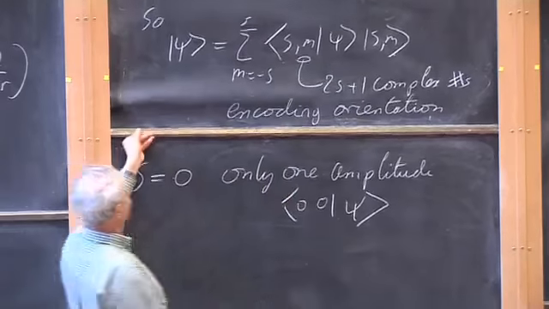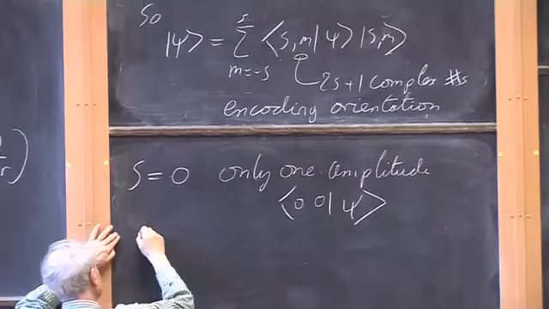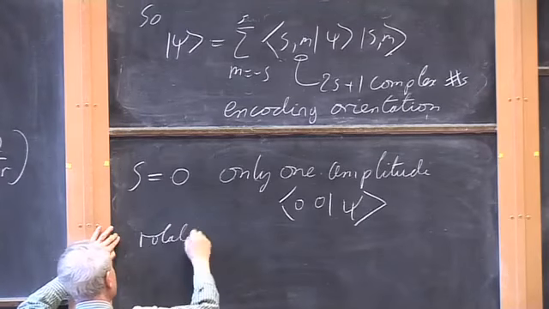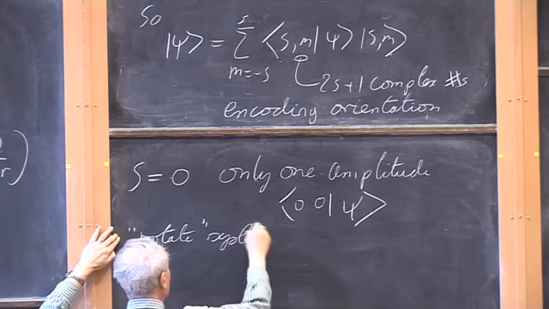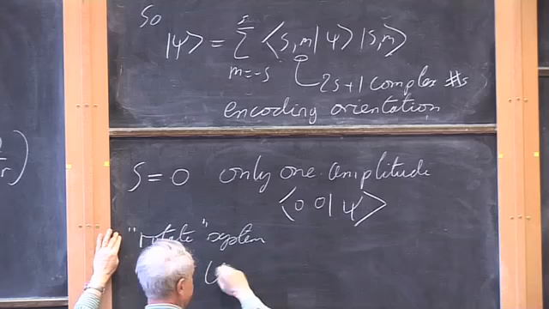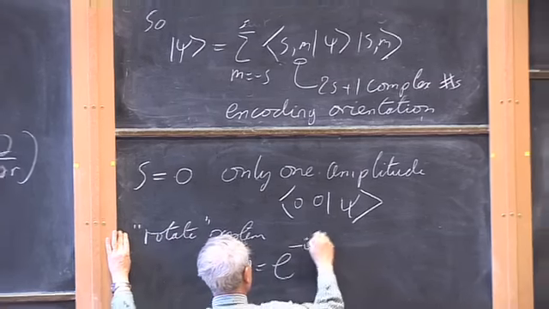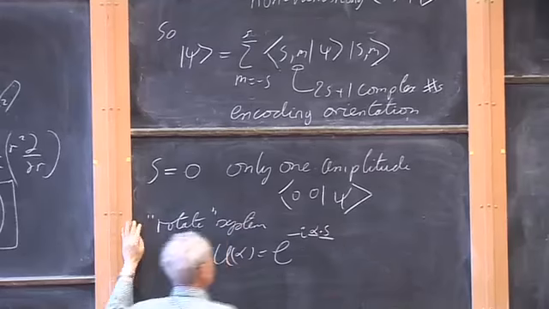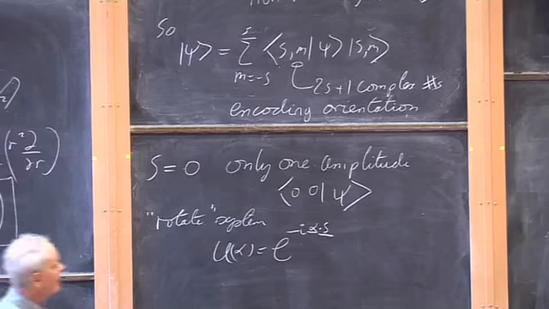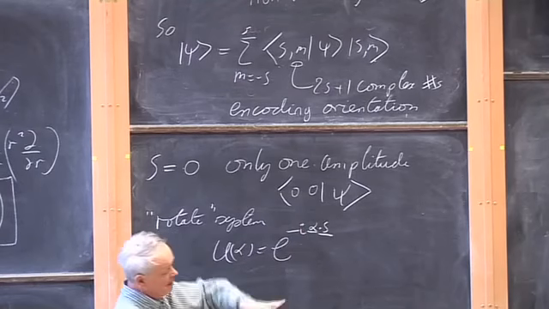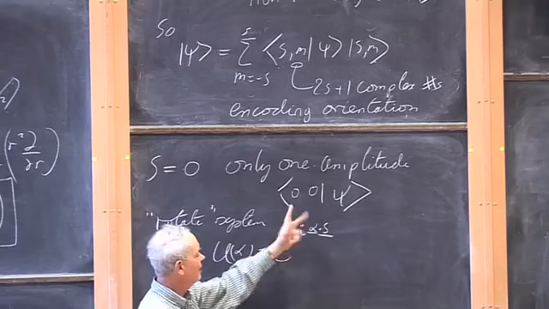And also, if you try and rotate your system with u of alpha, which is e to the minus i alpha dot S. So S is the generator of rotations of the system around its own axis. So I've written down the unitary rotation that makes a new system, which is rotated around the axis alpha by the magnitude of alpha.